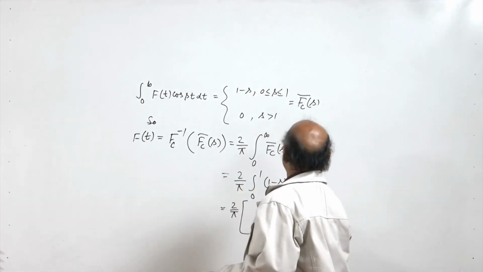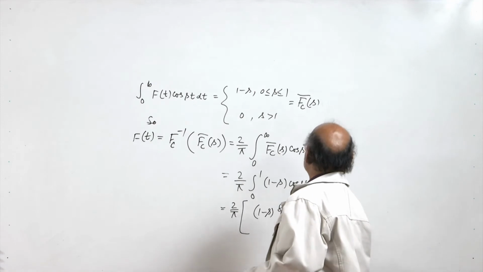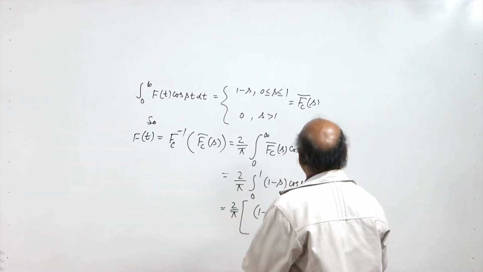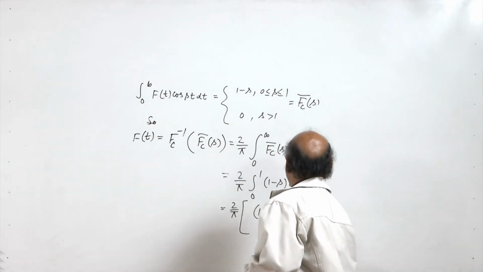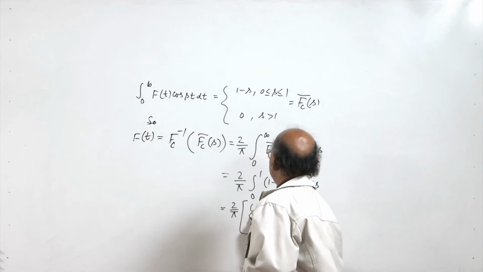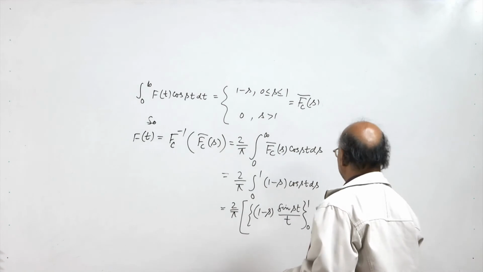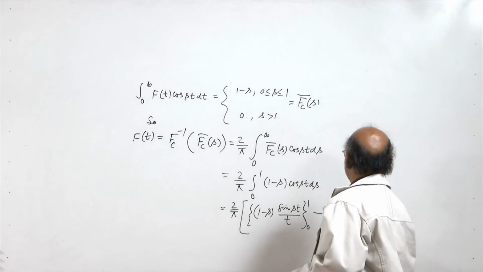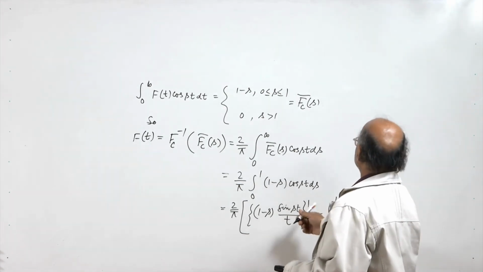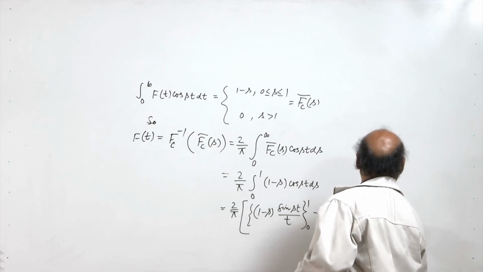So when we integrate by parts, we have (1 minus s) times the integral of cos st, which is sin st, and we are integrating with respect to s. So this will be sin st over t, evaluated between 0 and 1, minus integral 0 to 1, the derivative of 1 minus s, which is minus 1, times sin st over t ds.